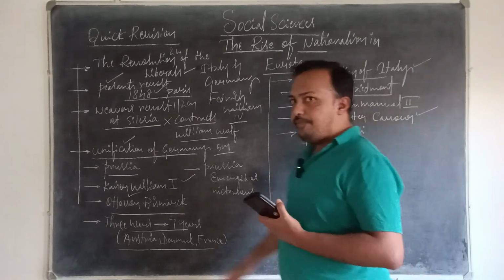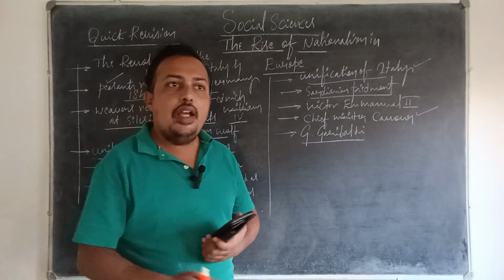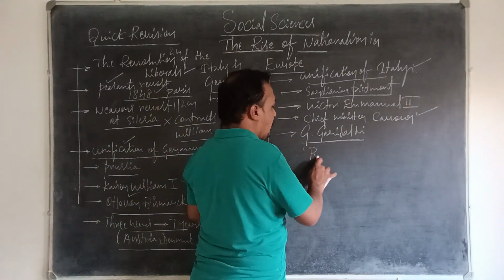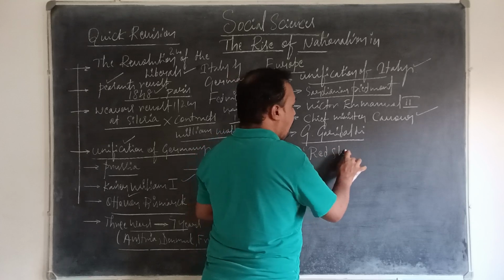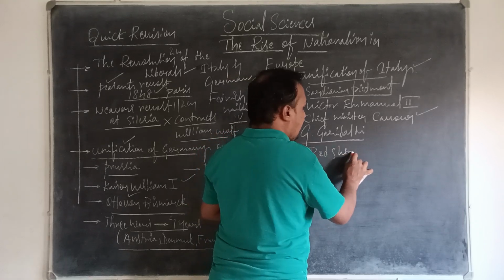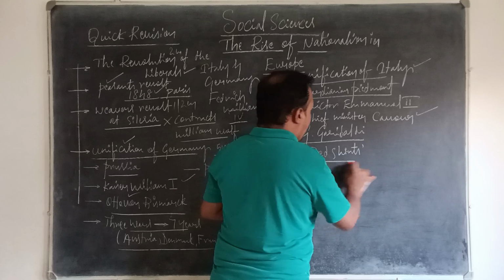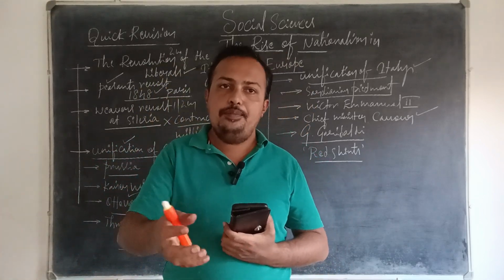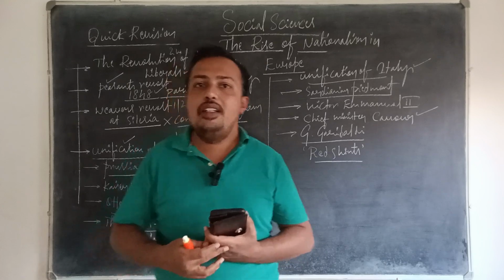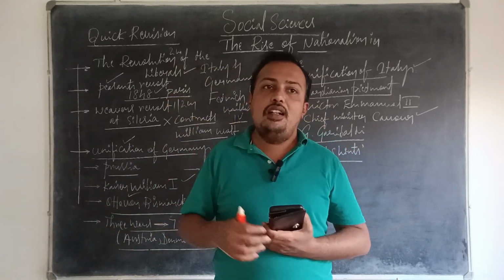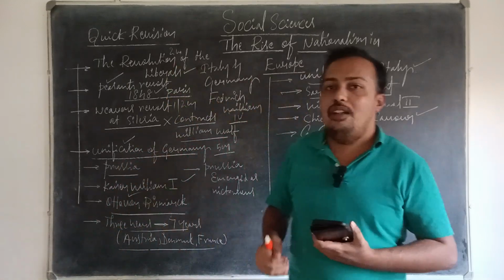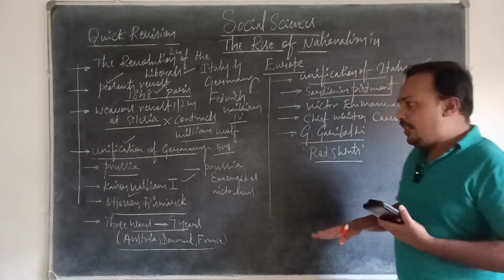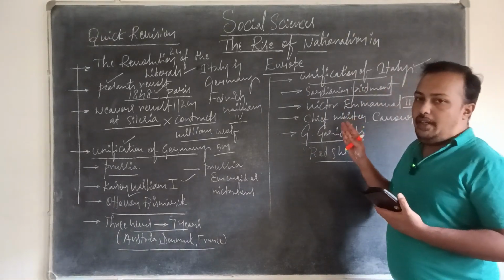Garibaldi formed an army of volunteers. What is that army of volunteers? It came to be known as the red shirts. With the help of that army of volunteers in the southern regions, he was able to liberate the southern provinces of Italy from the Kingdom of Two Sicilies, and he merged it into Italy.